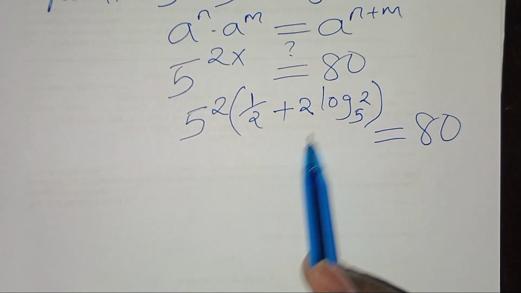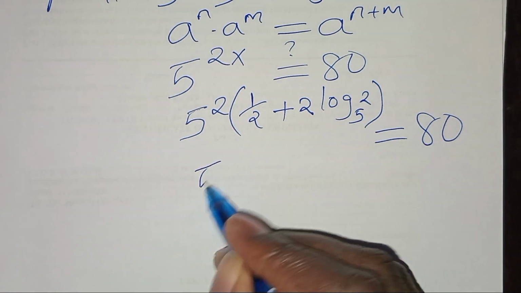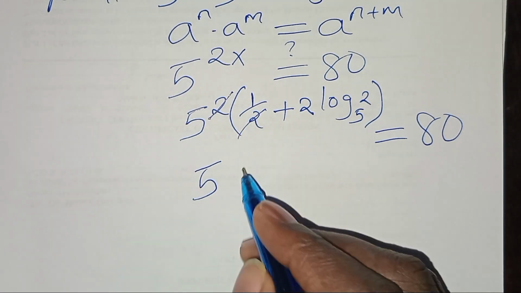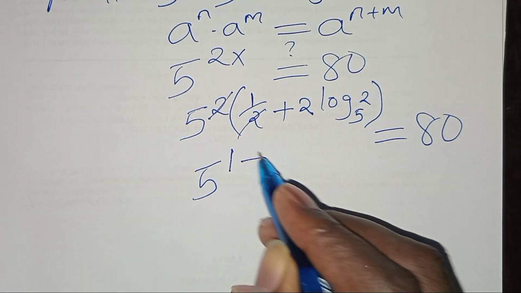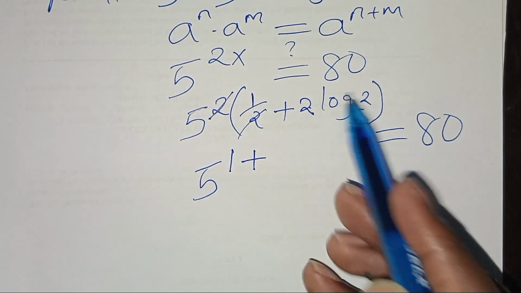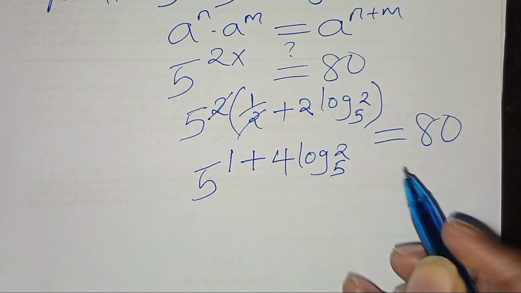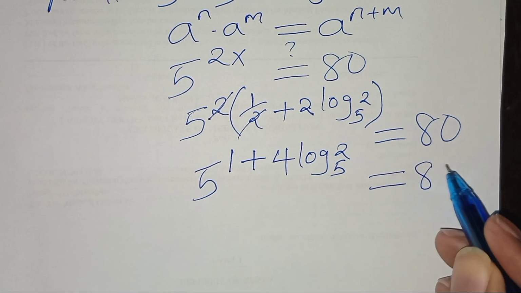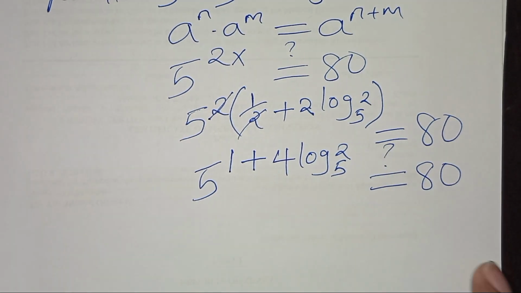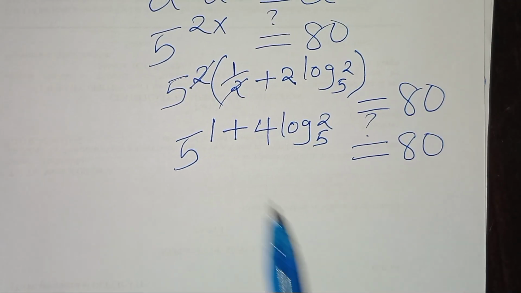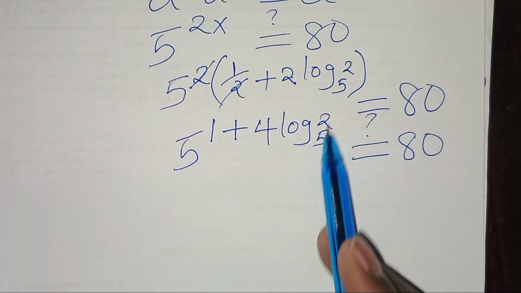So let's simplify here quickly so that this 2 and 2 simplifies. So you'll have 5 to power 1 plus 2 times 2, so this is 4 log 2 to base 5. So this should give us a value of 80. Okay. So the next step here, we have 5 to power 1 plus 4 log 2 to base 5.